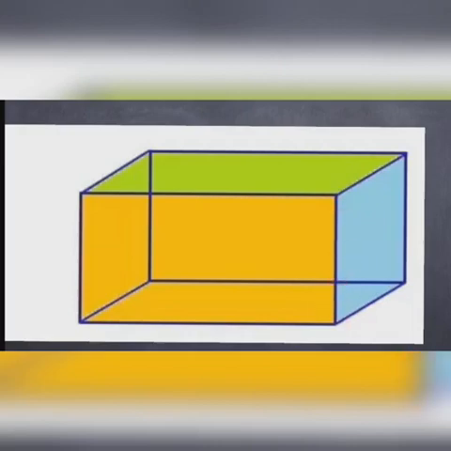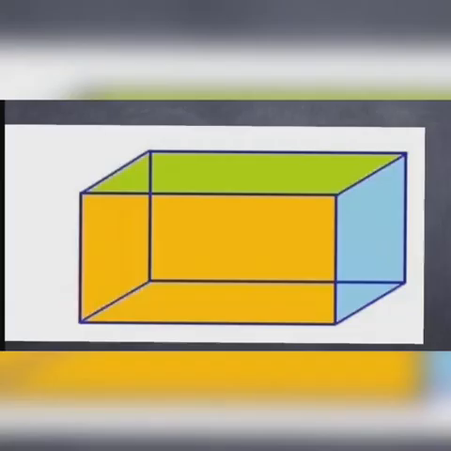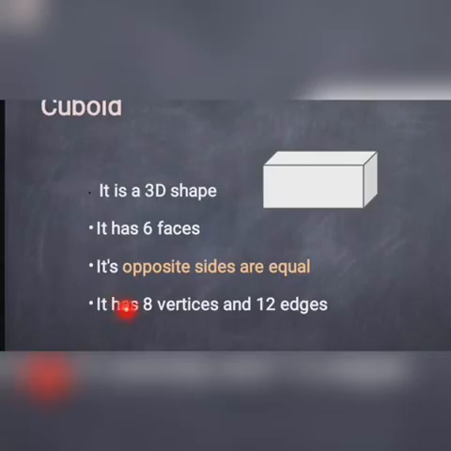So totally 12 edges are there. Then 8 vertices. What is the meaning of vertices? The line joining point. 1, 2, 3, 4, 5, 6, 7 and 8. So totally it has 8 vertices and 12 edges.